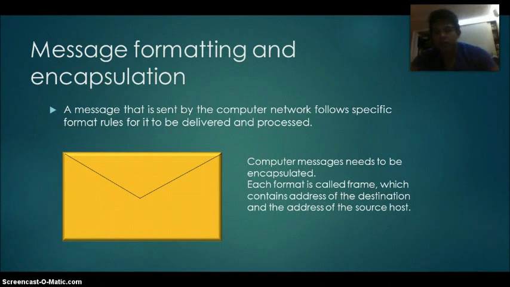In computers there are also rules. For example, at the start of the message there is a frame with the address that sent it, and the address of the host that will receive the message.